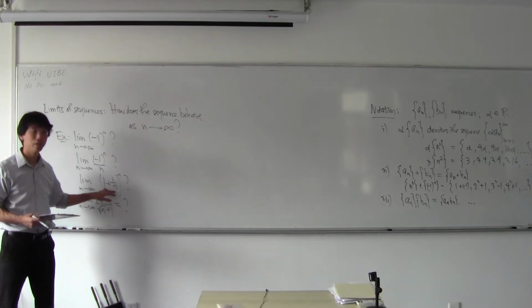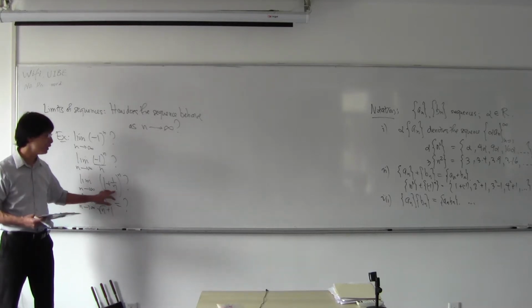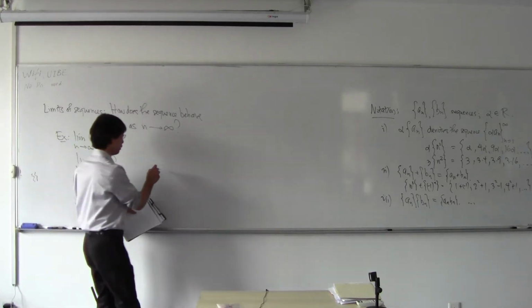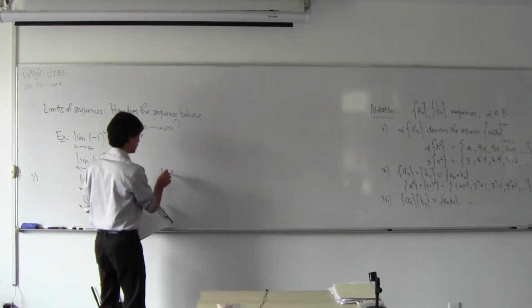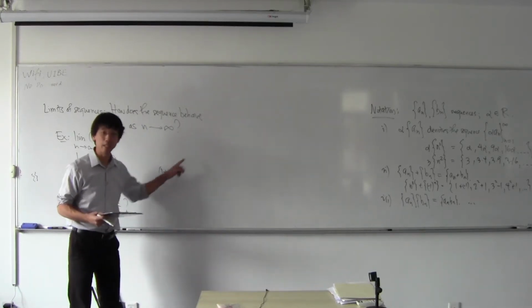Antini says 1. This is a tricky one. If you take something bigger than 1 and you raise it to a power that goes to infinity, what happens? Suppose I have 1 plus a tiny number, and I raise that to the nth power, and then I let n go to infinity.